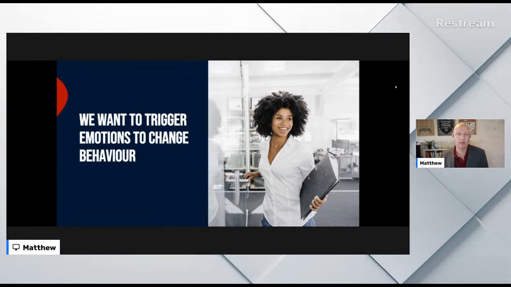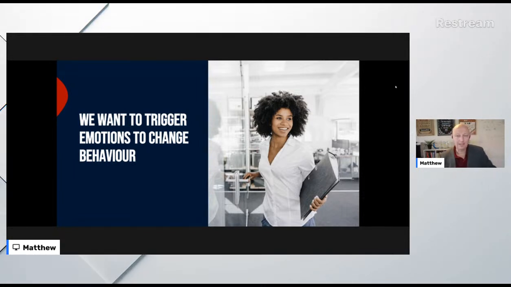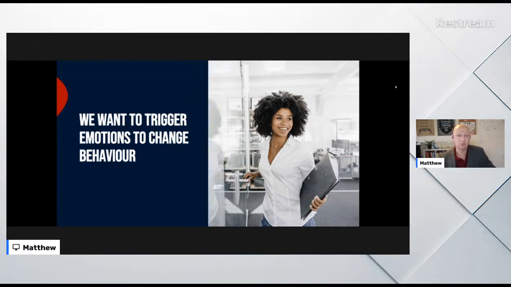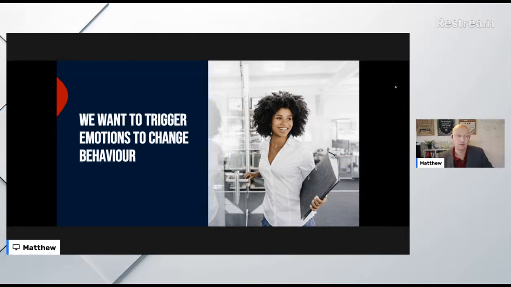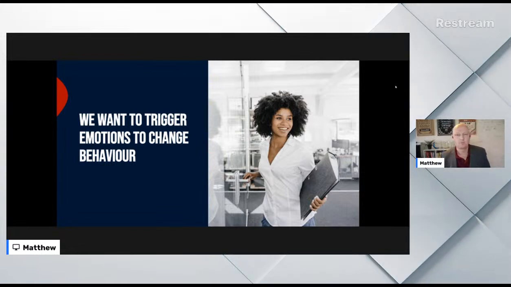Then when we come to creating the educational content, creating learning content for people, again, we want to trigger behaviors. We want to change behaviors in attitude, behaviors in performance, behaviors in a lot of different things. And because 95% of our decisions are made emotionally, we need to be able to trigger the emotions to change those behaviors. The best way to do that is through visuals. Okay.